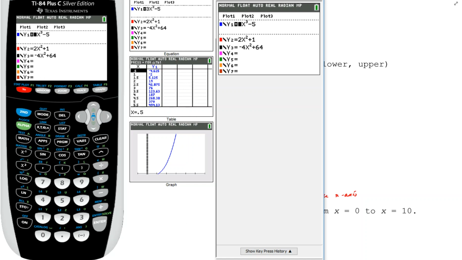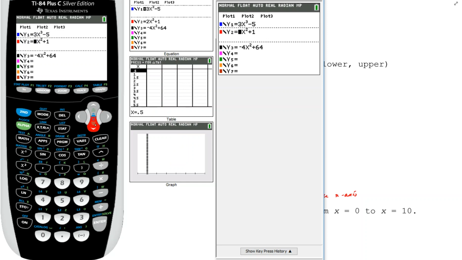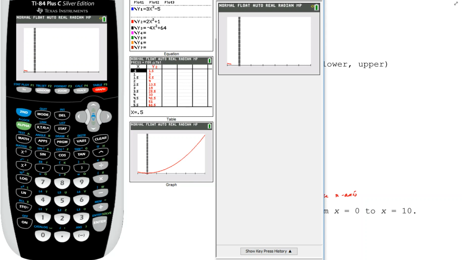And then I'm going to go to my y equals menu. I'm going to turn off that last equation that I used. I'm going to come down and turn on the 2x squared plus 1. So now when I graph my equation, it looks like this. So nothing new here, we're just graphing an equation.